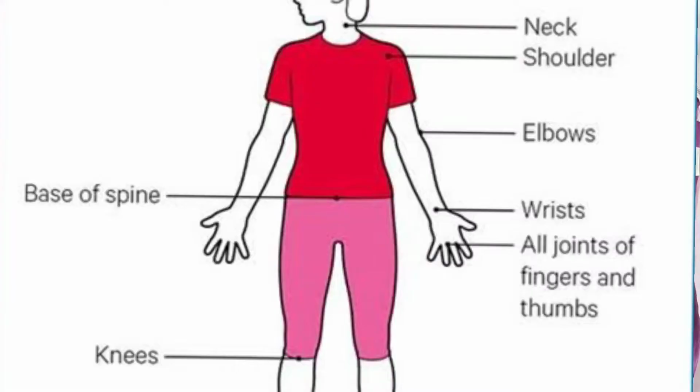Psoriasis mainly occurs on the extensor surface. This one is the extensor and this one is the flexor surface. So it is mainly present on the extensor surface, and it affects the scalp, nasal cleft, and umbilical region, and psoriatic arthritis affects especially the sacroiliac joint, that is at the lower back.